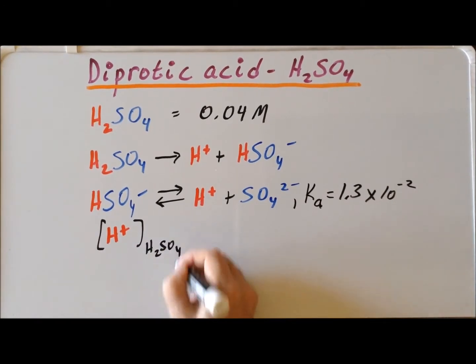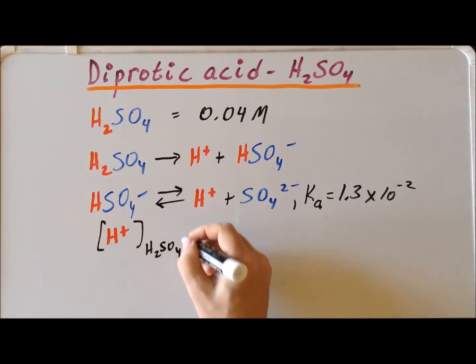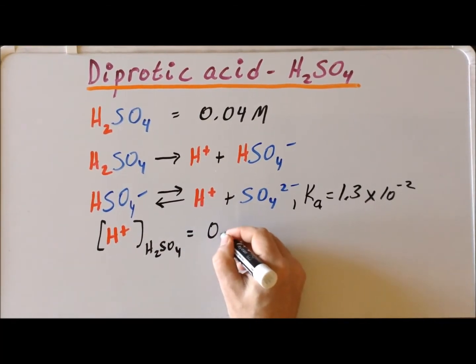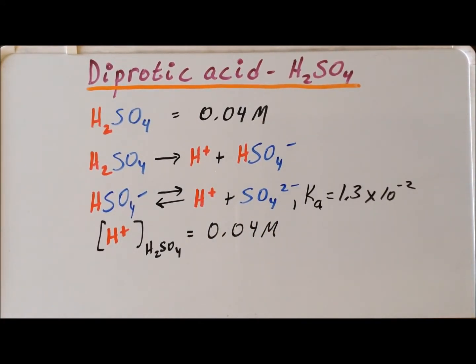So we're going to write it down this way to be very careful and clear where the various different species come from. So immediately we get that the contribution to the H+ concentration from the sulfuric acid in the first step is 0.04, and we can write this down immediately because sulfuric acid for the first ionization is a strong acid.